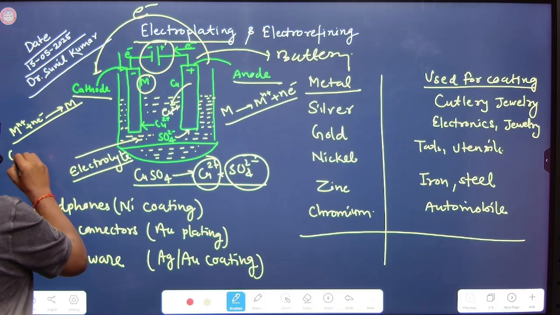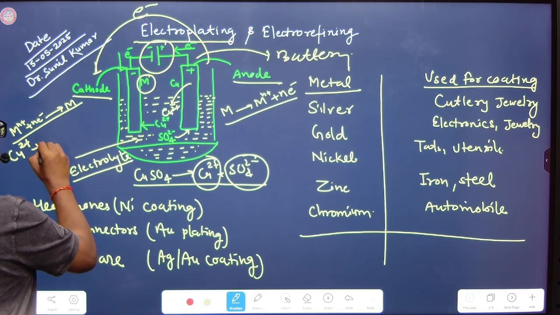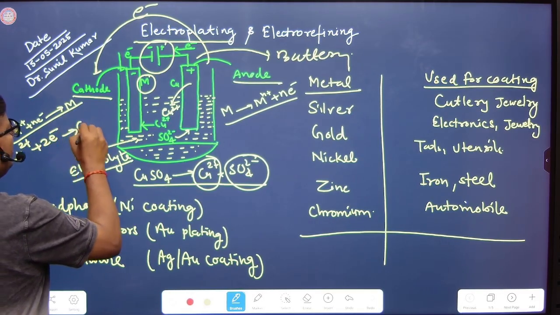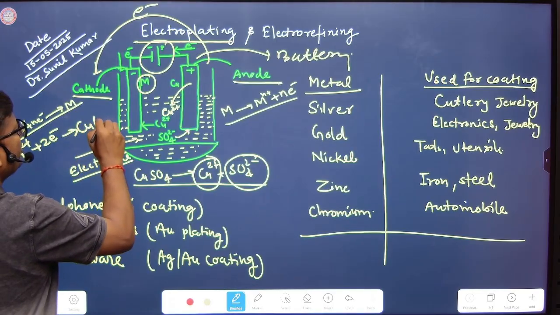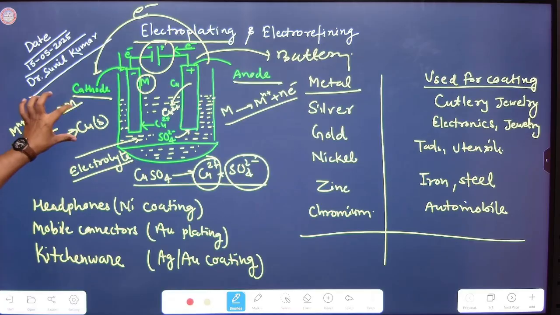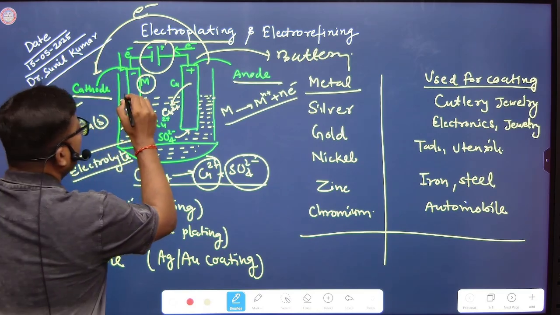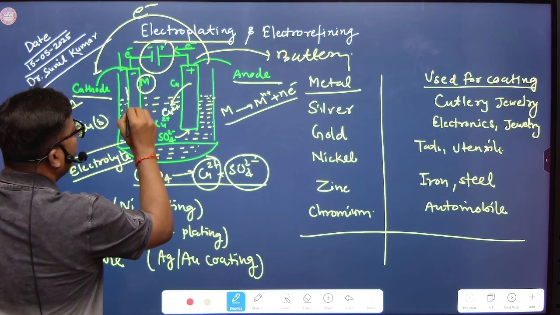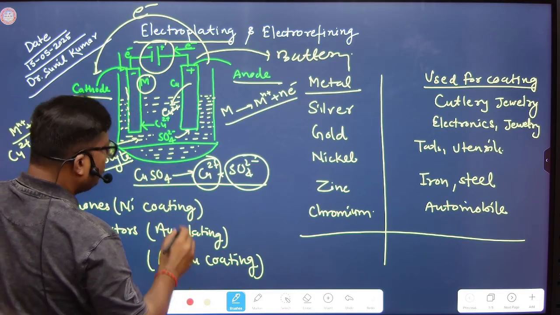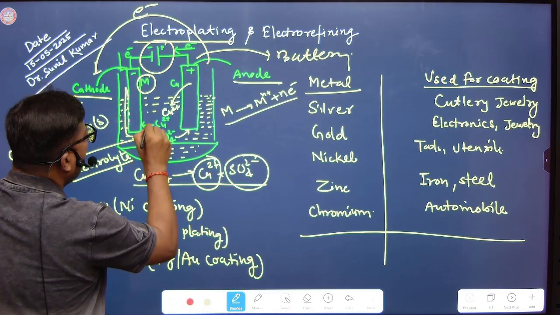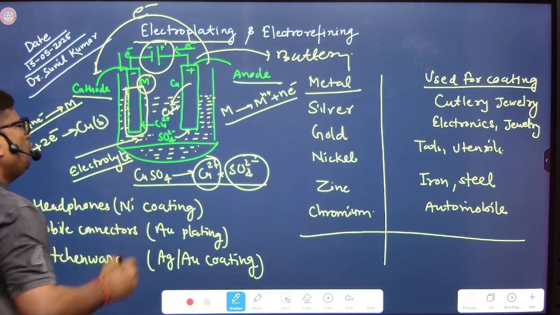It means one Cu2+ plus 2 electrons is converted back to copper solid, and this copper solid ultimately gets deposited around the surface of the cathode.